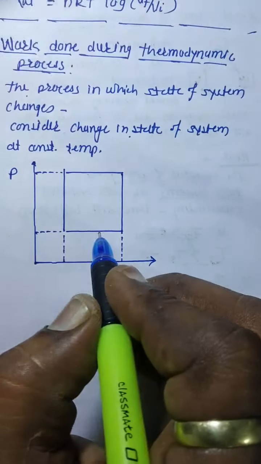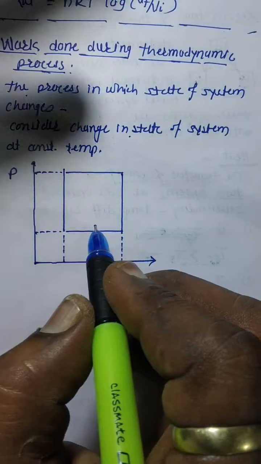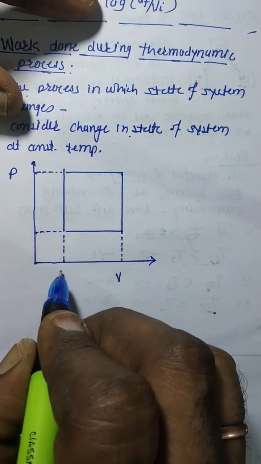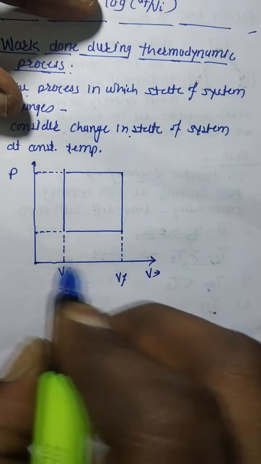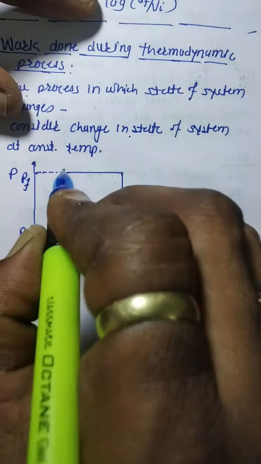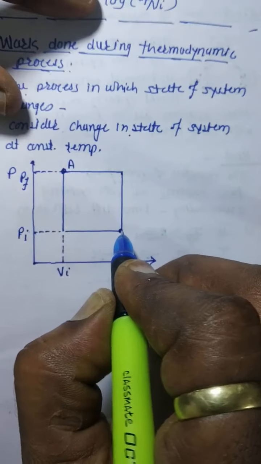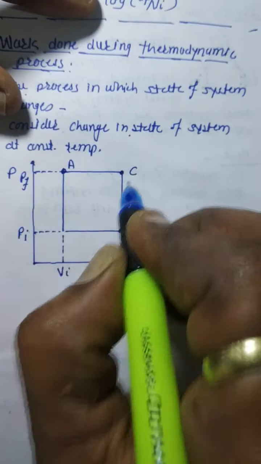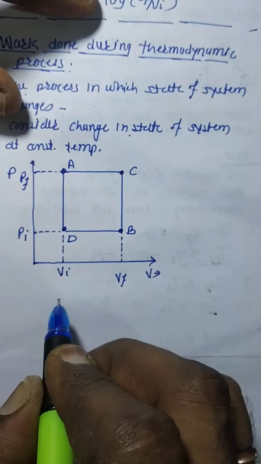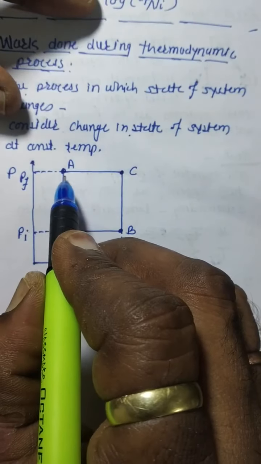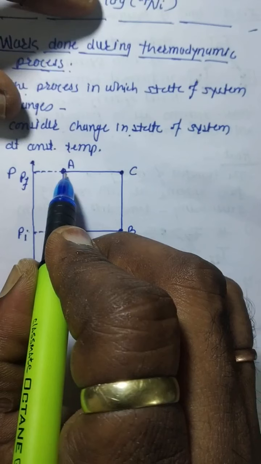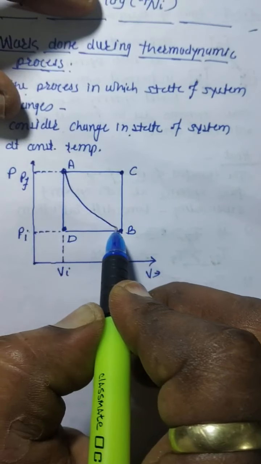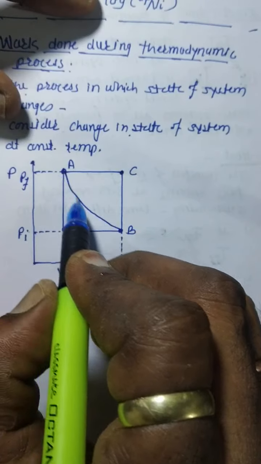State of system changes in different paths. Suppose this one as initial volume Vi, final volume Vf, initial pressure Pi, final pressure Pf, A, B, C, D. Then state of system changes along different paths. आपण या ठिकाणी 3 paths कन्सिडर करतोय. एक पाथ आहे along AB.